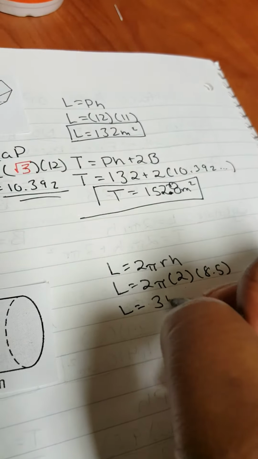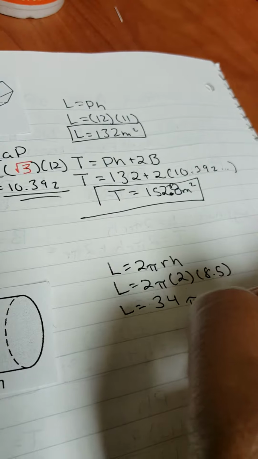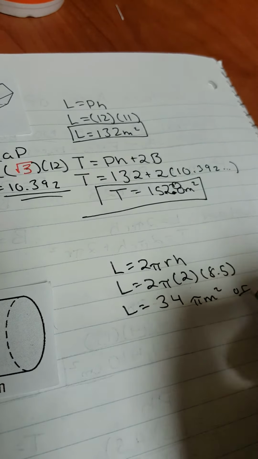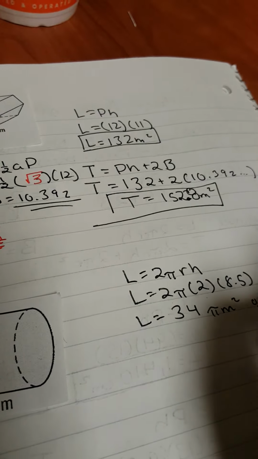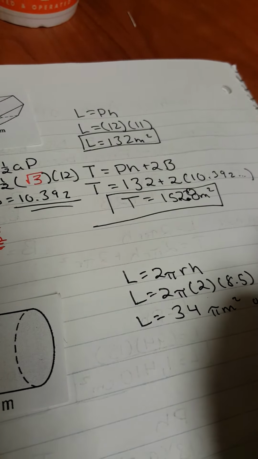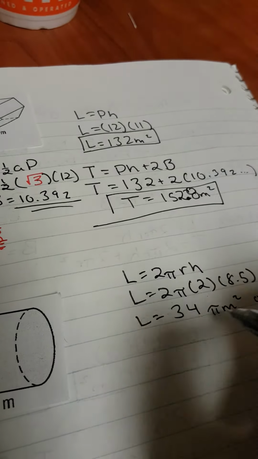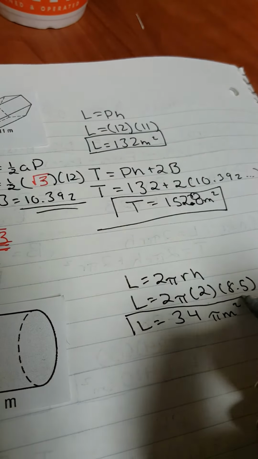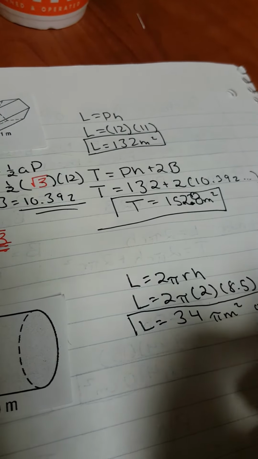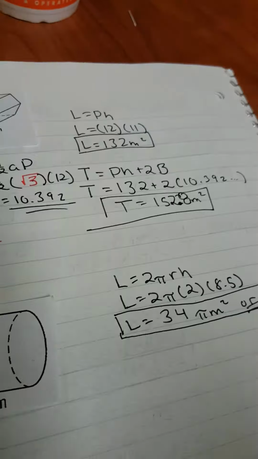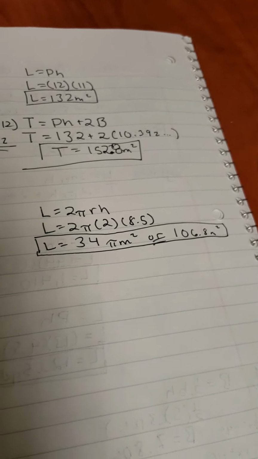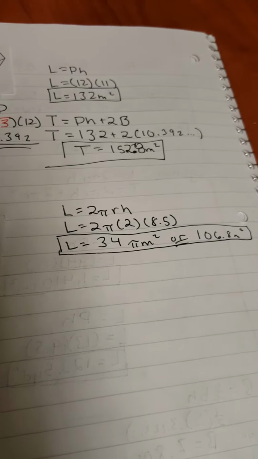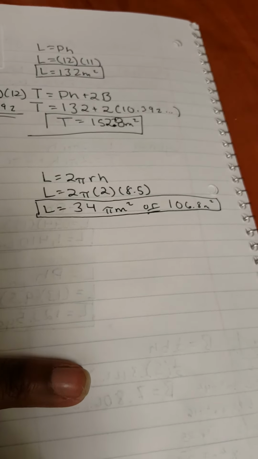And that would give me 34 pi meters squared. Or, if you round and actually multiply the pi, it'd be 106.8 meters squared. So it would be 34 pi or 106.8 meters squared. So I did it in both ways, in terms of pi and rounding to the nearest tenth.